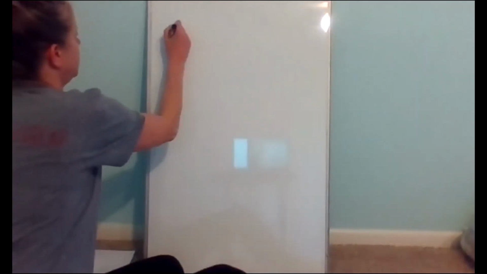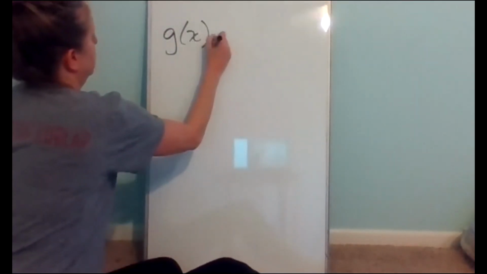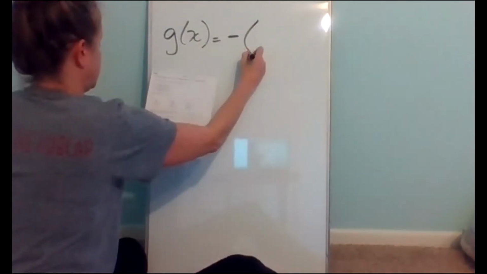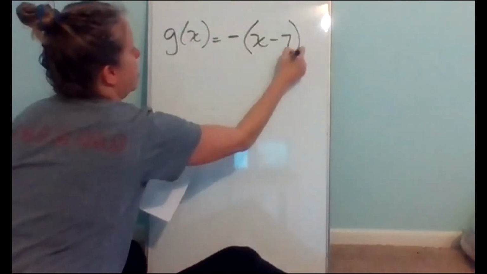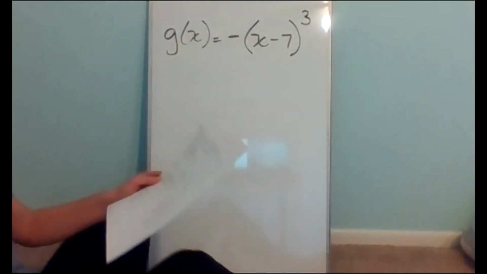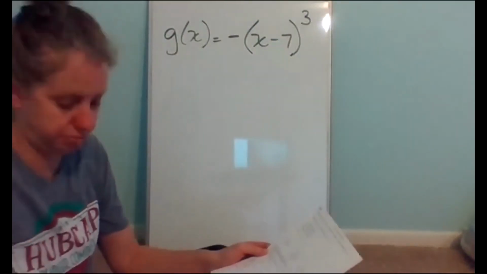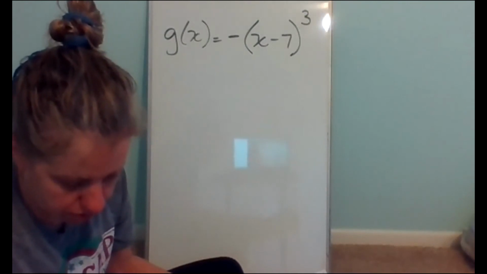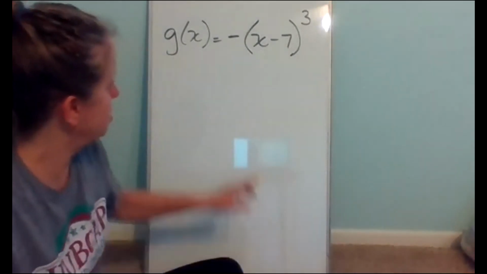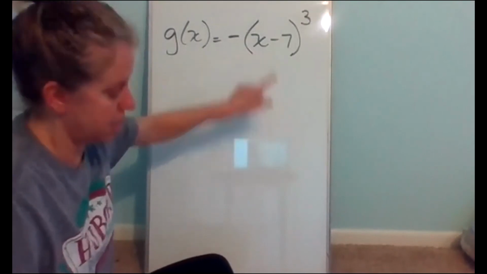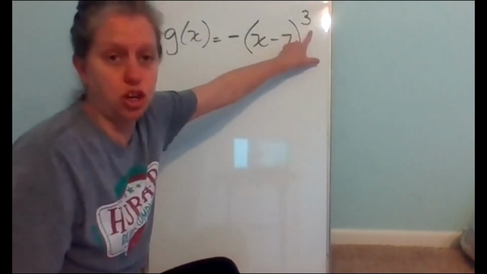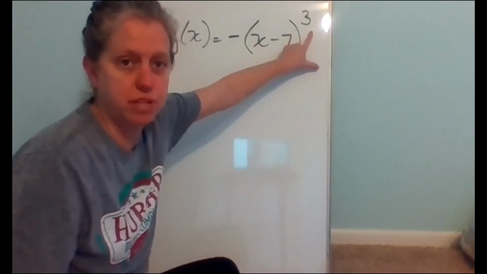We have g of x equals a negative, and then in parentheses, x minus 7 to the 3rd power, or cubed. So on this, what does that mean? We're going to start off with x cubed. That's what gives it its shape.